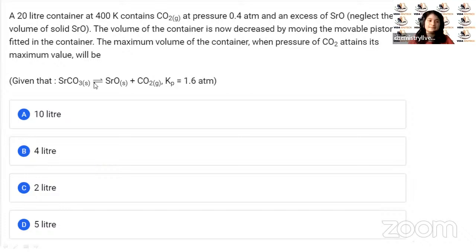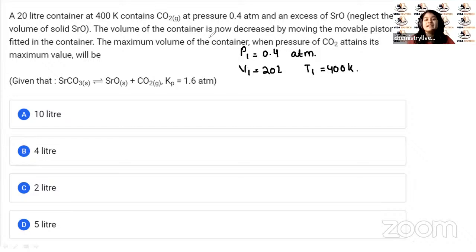Okay, children, let us see. What is given here? A 20-liter container at 400 Kelvin contains CO2 at a pressure of 0.4 atm. So P1 is given to us as 0.4, V1 is 20 liter, and T1.